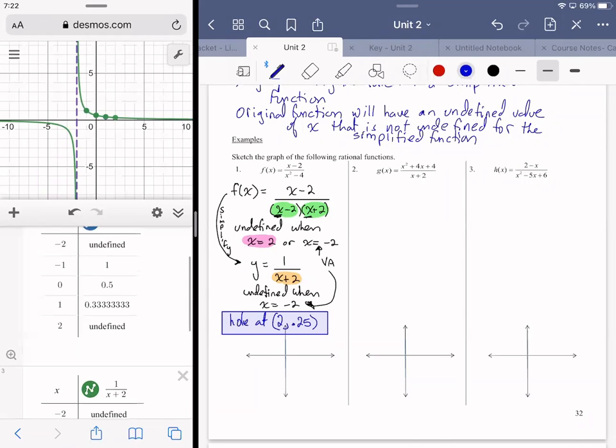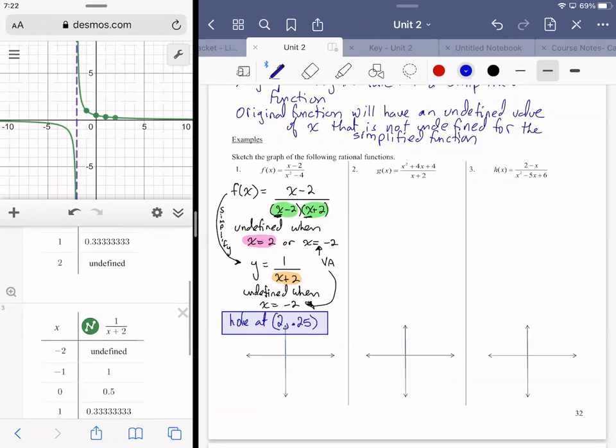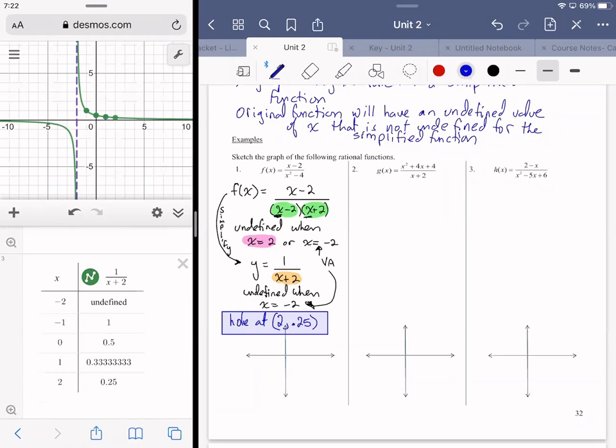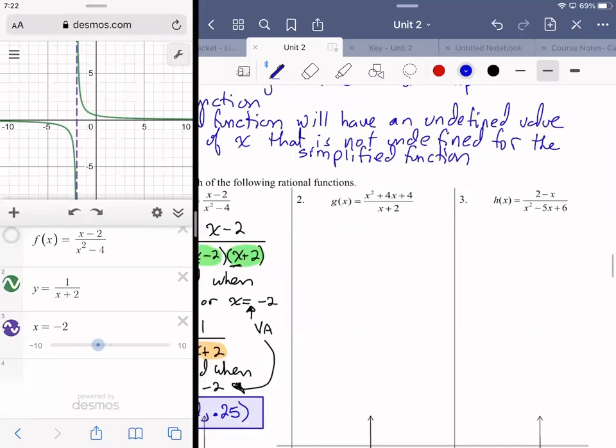Now, in the case of f of x, we see that there's also undefined at the x value of 2. But then when we go to the simplified function, at 2, it's not undefined anymore. There's a 0.25 there, right? So that's another way of handling it, because you know that the point must have been filled in by that 0.25. Right? So one more, and then I'll let you go.